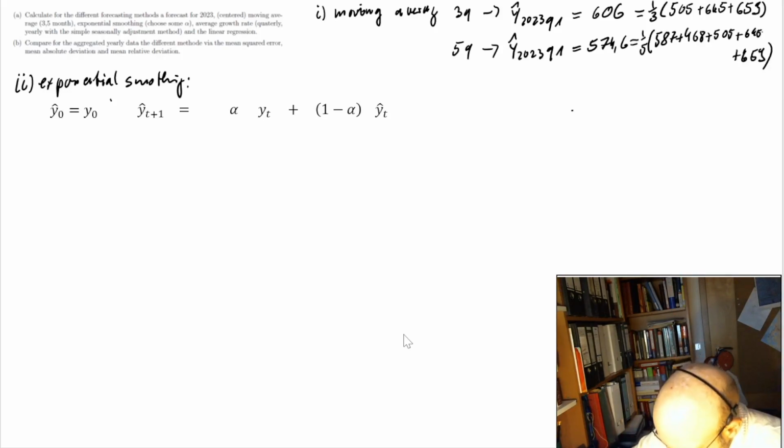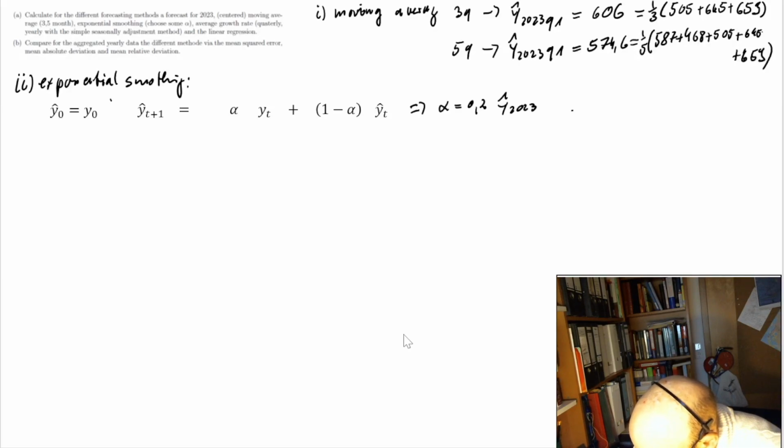So then we have with alpha equals 0.2 that y hat 2023 Q1.